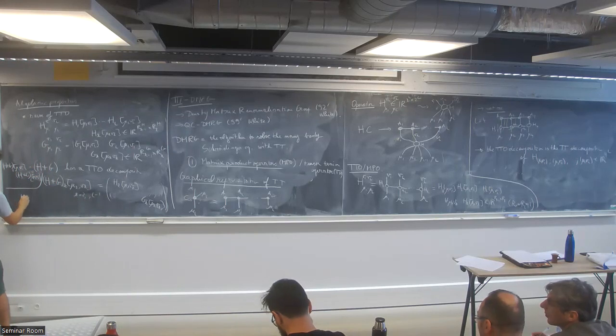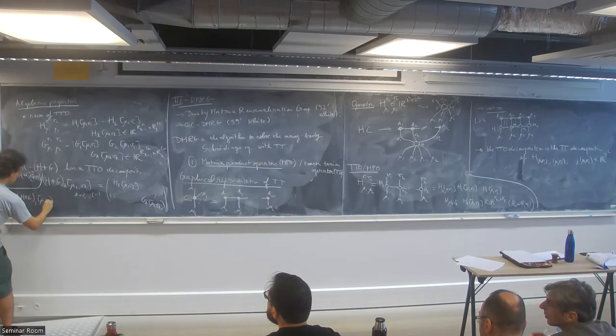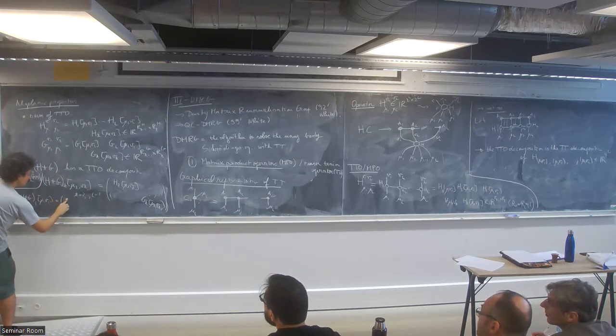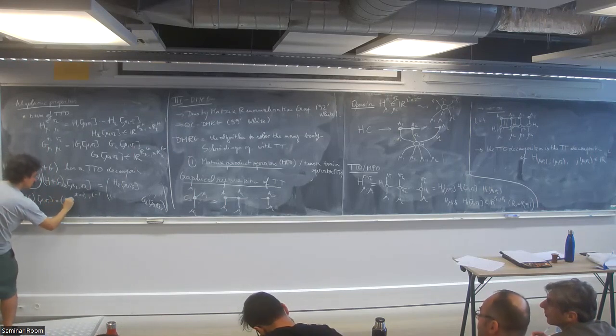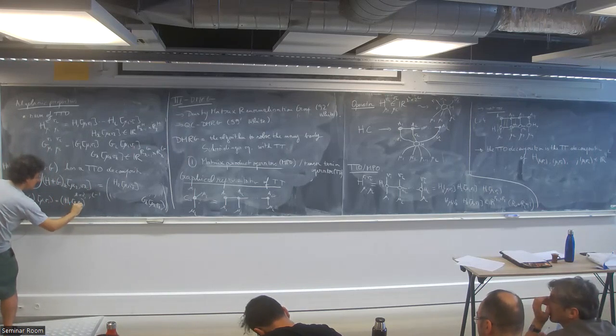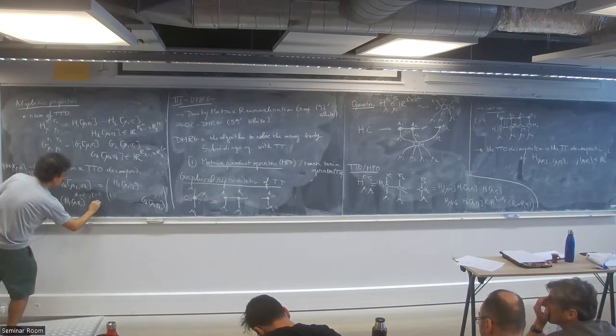For the first one, it's a row vector, so you just collect it in a row vector.